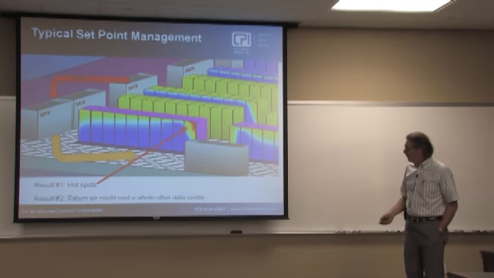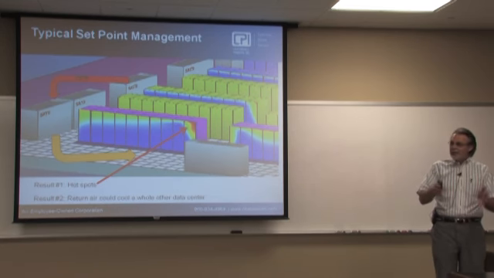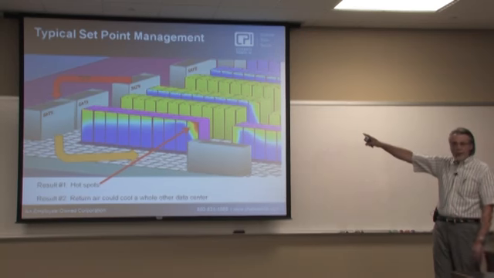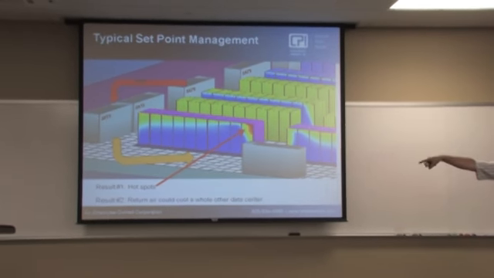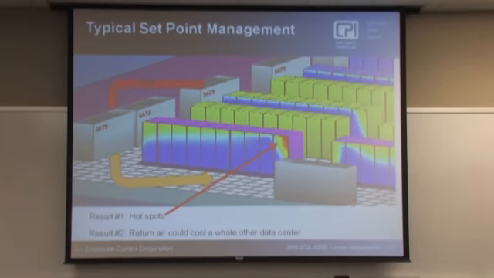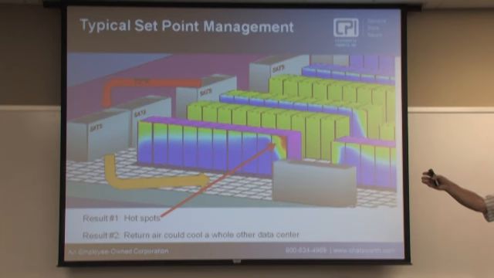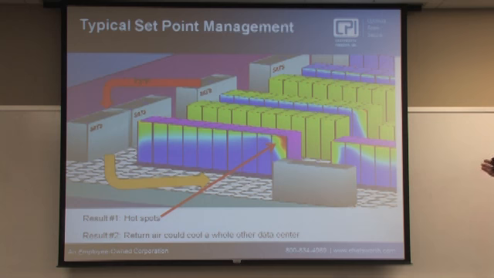So we got hot spots, and yet at the same time, that return air that we're now going to spend $560,000 to cool, we could just ship that return air next door and cool a whole nother data center. Okay, let that sink in. We're spending $560,000 to cool air that's already cool enough to cool a whole nother data center.